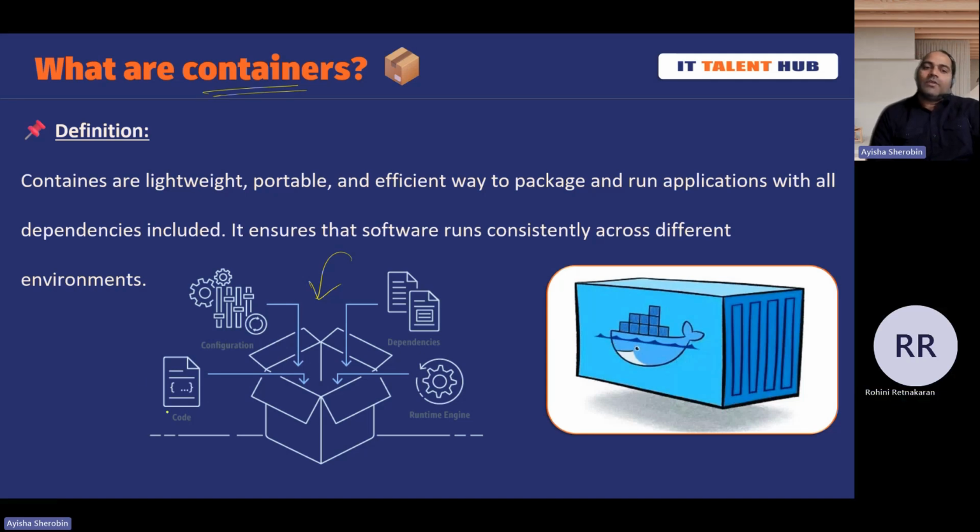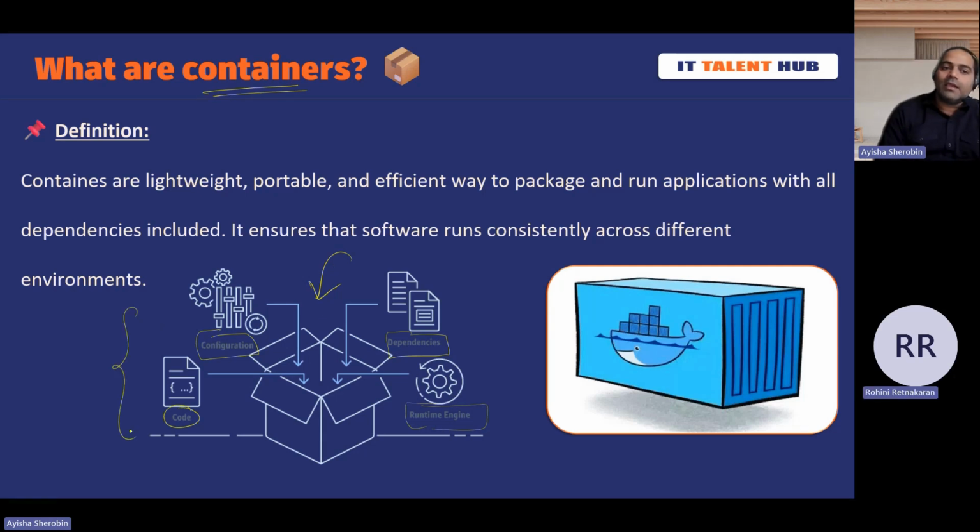What different types of things are we including here? We include code, configuration, and dependencies as well as the container runtime engine. We combine all of these into a single unit and put it in a single container. So this is how a container is going to be created.